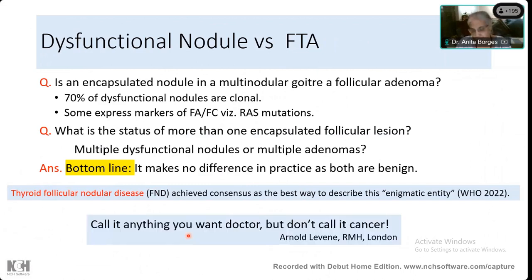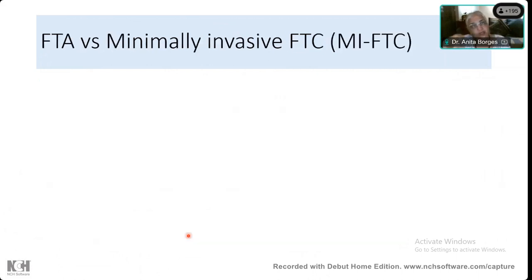Okay, and this was what my old boss used to tell me: call it anything you want, doctor, but don't call it a cancer. All right, so that's about dysfunctional nodules. Now, what about this question about invasion of the capsule of lesions? So follicular thyroid adenoma versus minimally invasive follicular thyroid carcinoma.